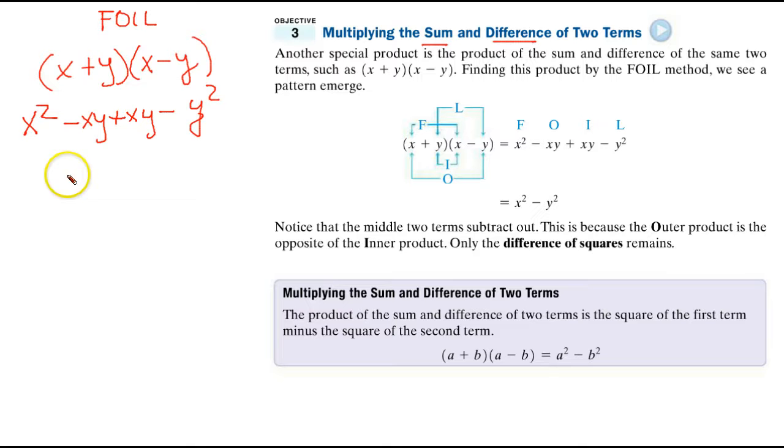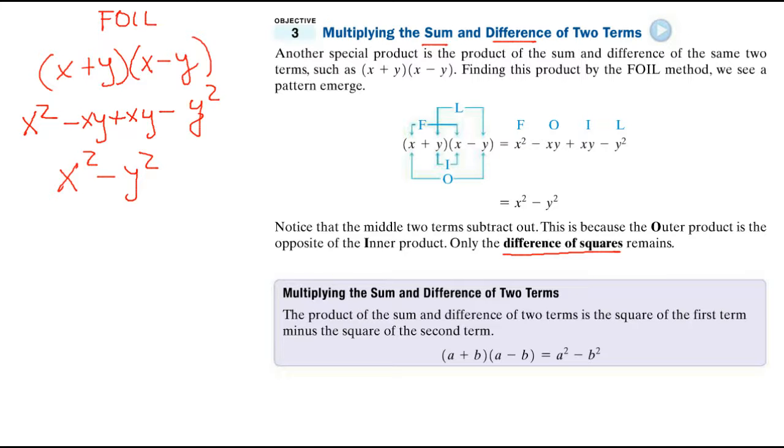They cancel out. So you get x squared minus y squared, or what we call the difference of squares. Okay? So when you multiply the sum and difference of two terms, you get the difference of perfect squares. The middle terms always cancel out.